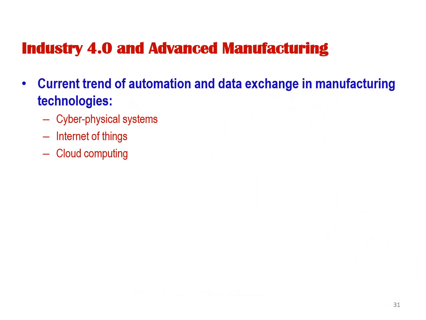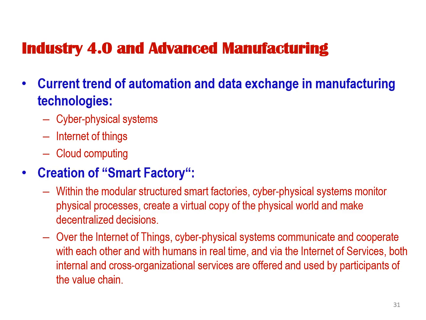So Industry 4.0 and advanced manufacturing is the current trend of automation and data exchange in manufacturing technologies, using cyber-physical systems, the Internet of Things and cloud computing, all of them, for the creation of the smart factory. Within a modular structure, smart factories with cyber-physical systems monitor the physical processes, create a virtual copy of the physical world, and make decentralized decisions.